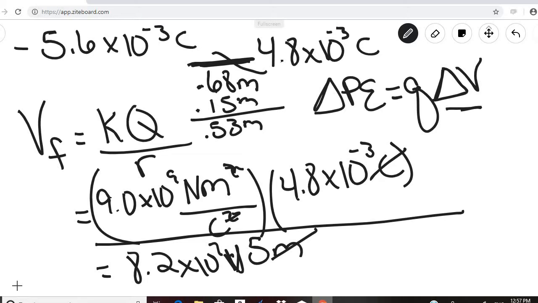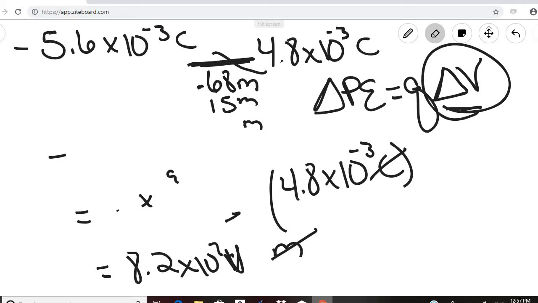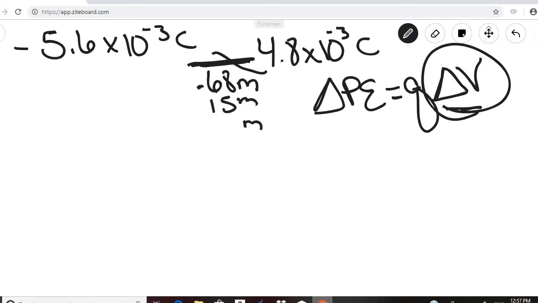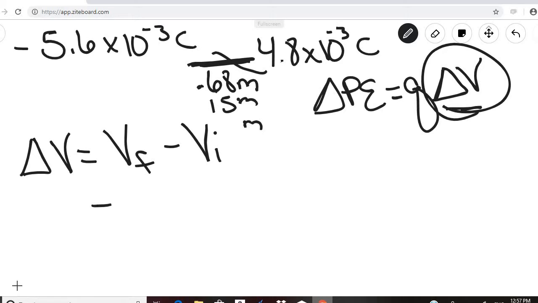Okay, so now we have VF and we have VI, so we can calculate delta V. Delta V is equal to VF minus VI.